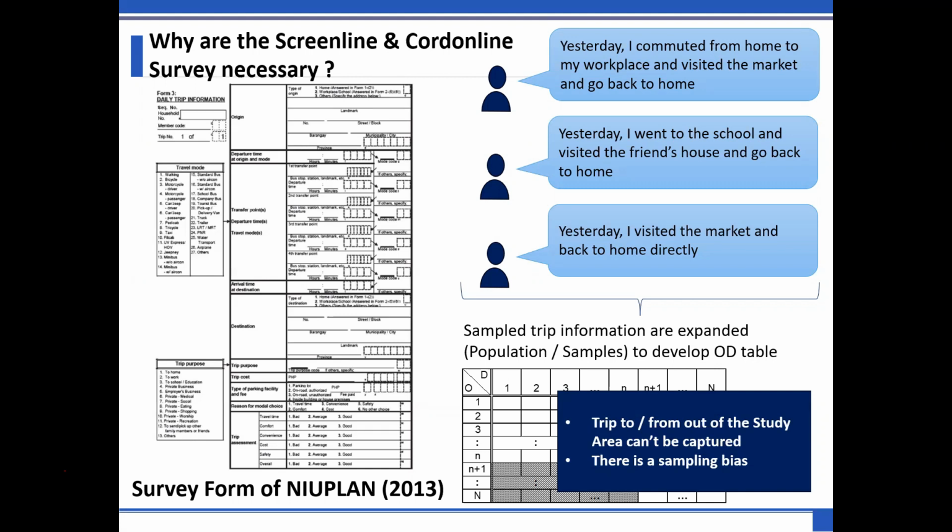And to collect traffic data from outside the study area, a cordon line survey is conducted, because the PT survey is conducted for households living in the study area. Trips to or from outside the study area can't be captured. That's why the cordon line survey is necessary.